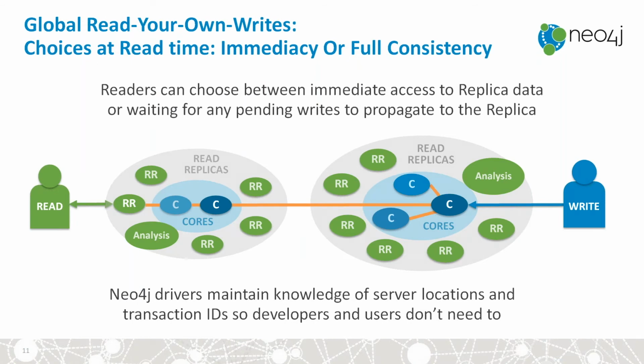So the cool thing about this, when we're supporting the read-your-own-write capability, is that even if one of the writers to the database writes to a core, perhaps the database from which they're reading is more locally available. It's closer to them.